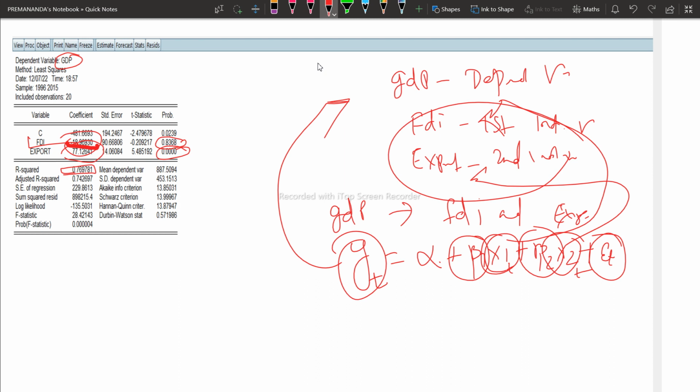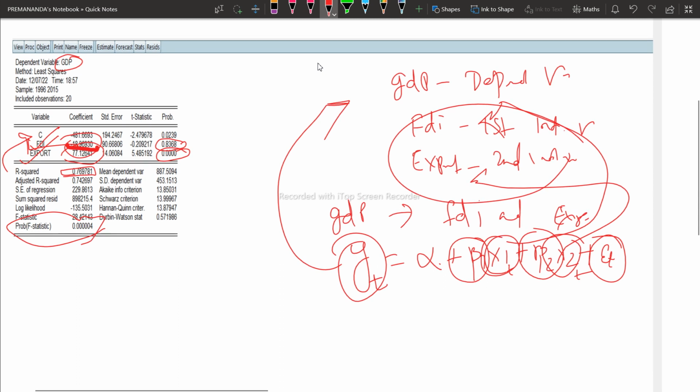So I can clearly interpret this result like this, that my independent variables FDI and export jointly explain my dependent variable up to 76%. Okay, so coming to the F statistic, this is statistically significant, so I can clearly say that my model fits well. And coming to the Durbin-Watson test, it is clearly stating that there is an autocorrelation problem.